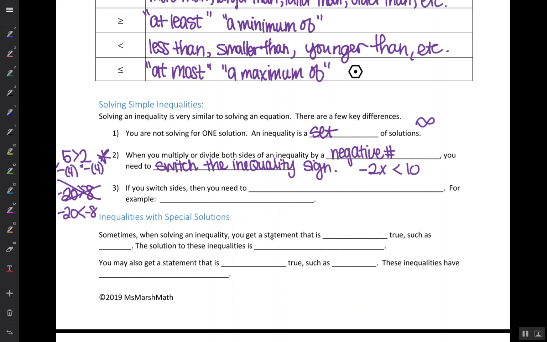In order to solve this, I'm going to have to undo what's happening to the x. So I'm going to have to divide by -2. Because I'm dividing by a negative number, I don't get x is less than -5. I get x is greater than -5. So you see how I went and changed this to this?